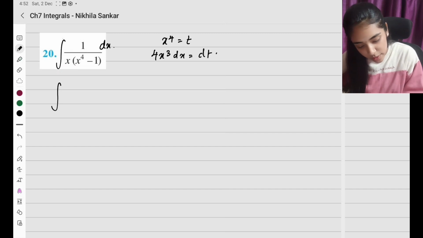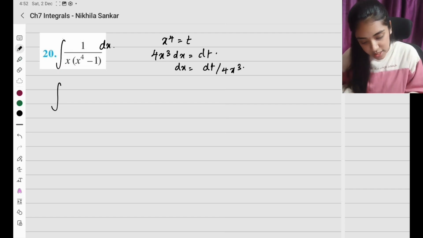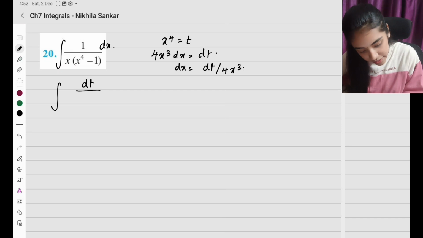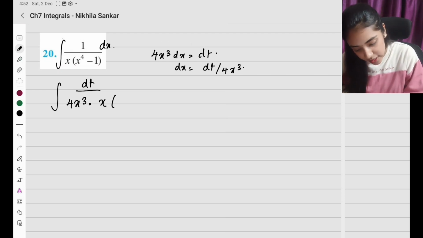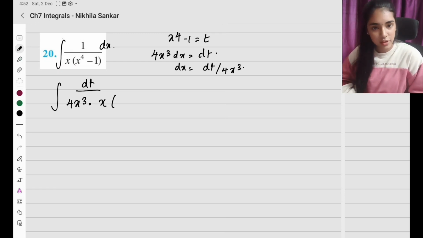So I have dx equals dt divided by 4 x cube. So this is nothing but dt divided by 4 x cube times, I already have x, times x power 4 minus 1. So I can take x power 4 minus 1 to be t. The differentiation is again going to be the same thing.